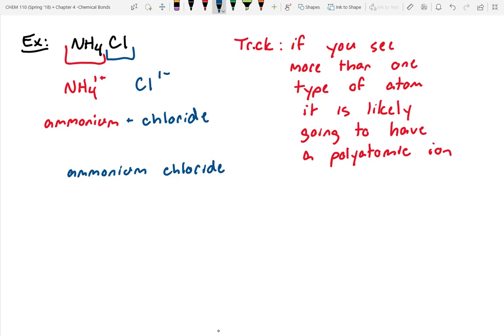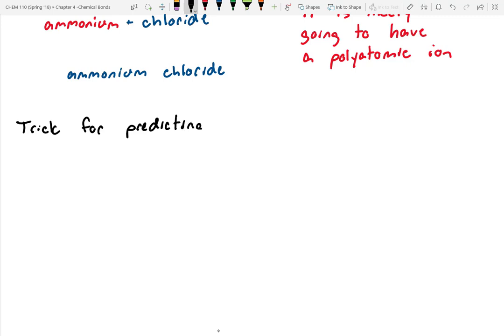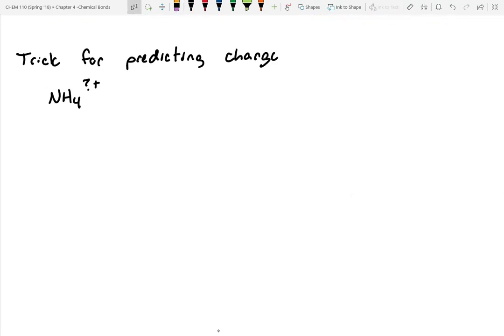I will show you another trick for predicting the charge too if you're ever absolutely stuck. And let's do NH4. And let's say theoretically I'm absolutely stuck on what that charge is going to be.